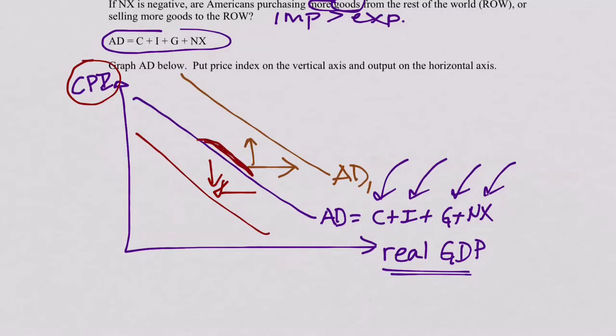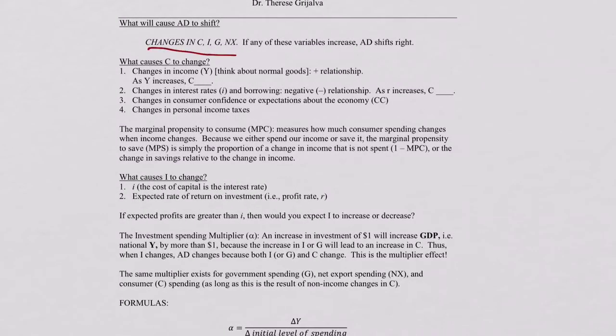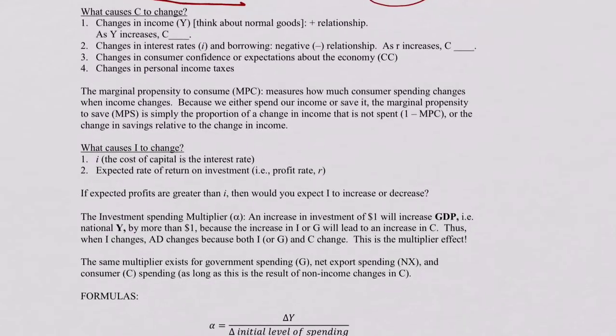We just get a new value for real GDP and we move along the aggregate demand curve. Well, let's talk about the things that cause aggregate demand to change, those shifts. If we have changes in any of those four components, if any of them increase, aggregate demand will shift to the right. What causes consumer spending to change?